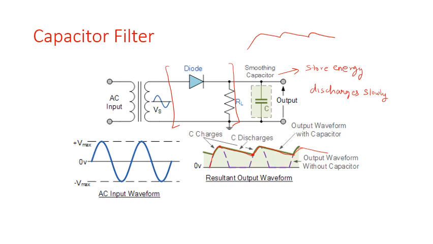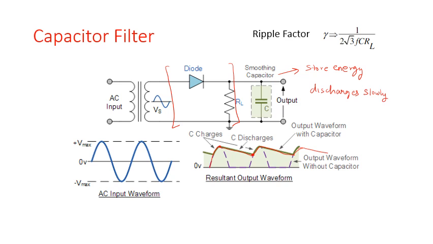Now if I look at a full wave rectifier, irrespective of whether I take a center tap transformer rectifier or a full wave bridge rectifier, your output is going to be the same. Before we go further, there is a term that we need to discuss, which is known as ripple factor. Ripple factor is the amount of ripple that you have in the output.